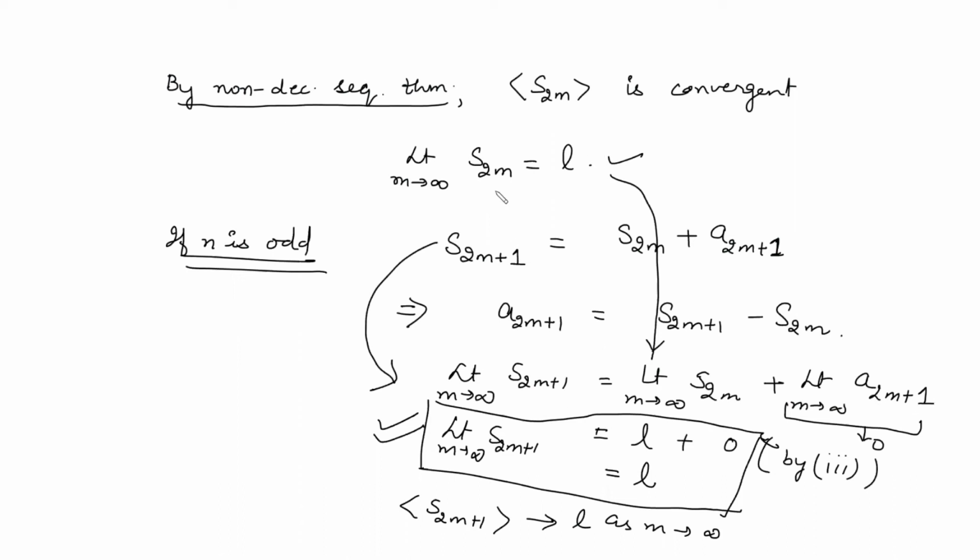So this implies what? Your series is convergent. The sequence of partial sums is converging to L, whether n is even or n is odd. In each case this sequence of partial sums is convergent and converging to L as n approaches infinity.